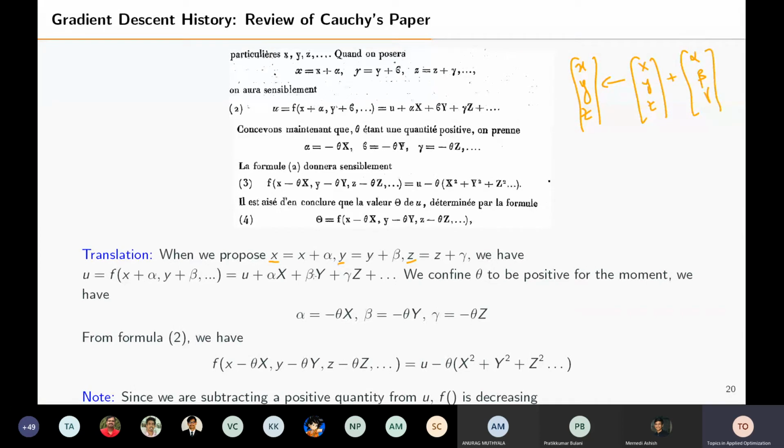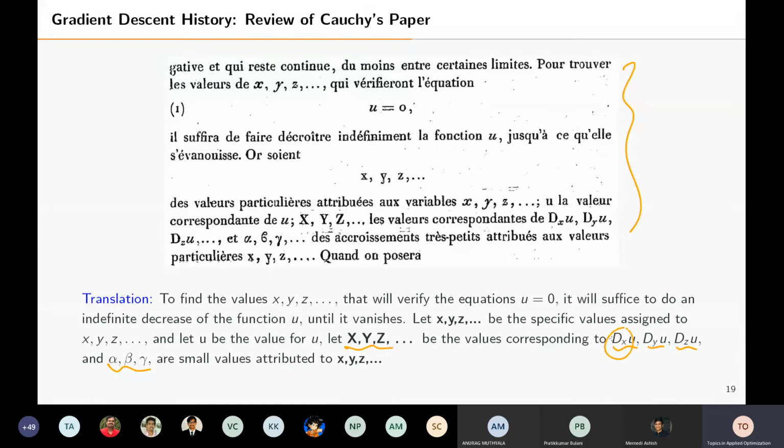He wrote this in a component-wise way, but I wrote this in vector form here. What he defines as alpha, beta, and gamma is, we can substitute, minus theta times X, and remember X was the derivative of the function, so del u by del x, Y was del u by del y, and Z was del u by del z.